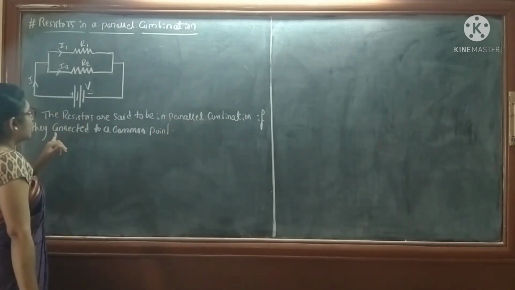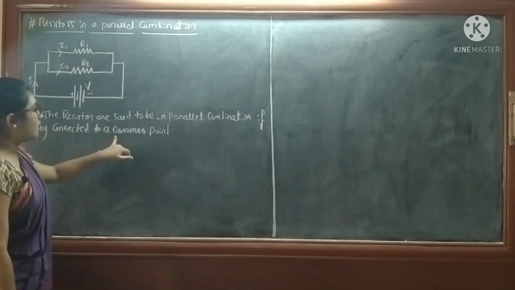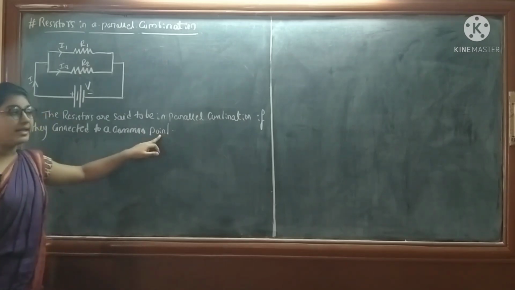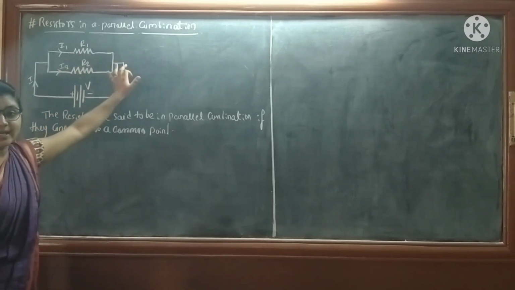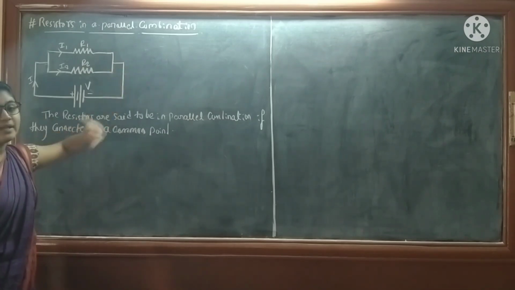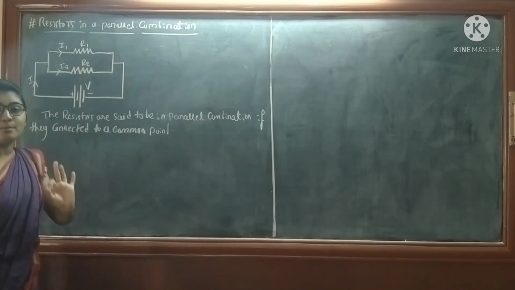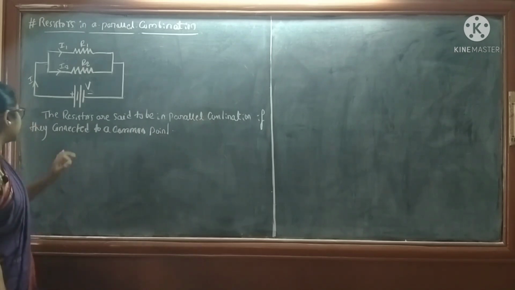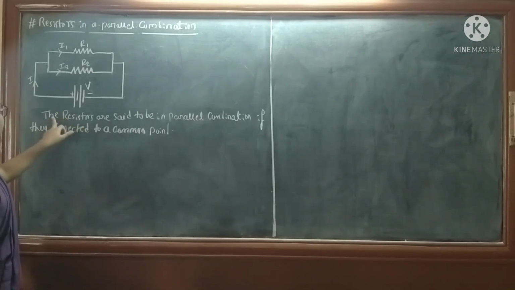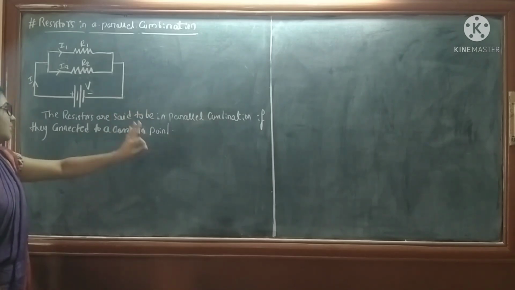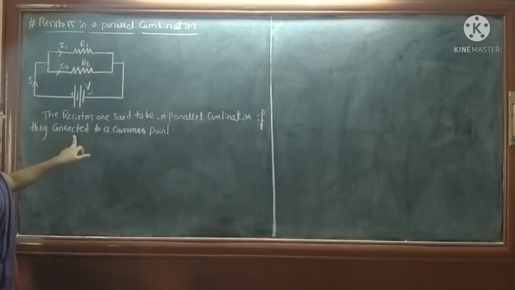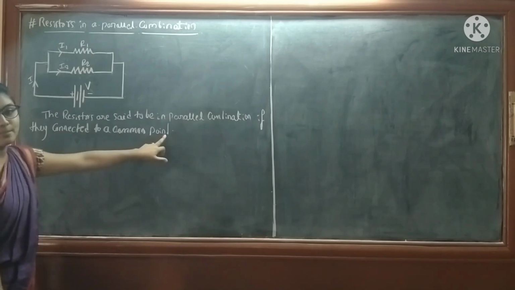If they are connected to a common point, that means we connected these two resistors at a common point, and we call that a parallel combination. Yes, the resistors are said to be in parallel combination if they are connected to a common point.